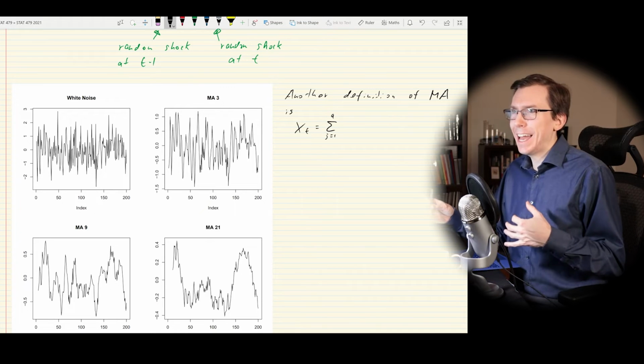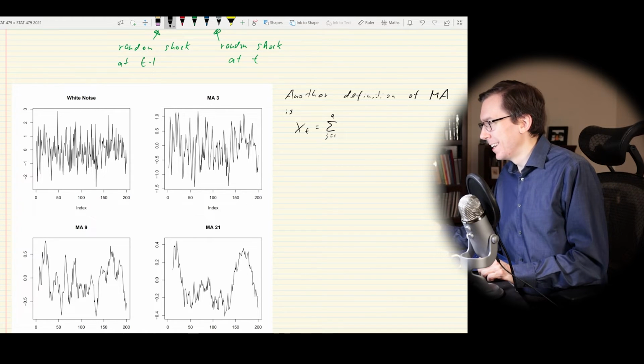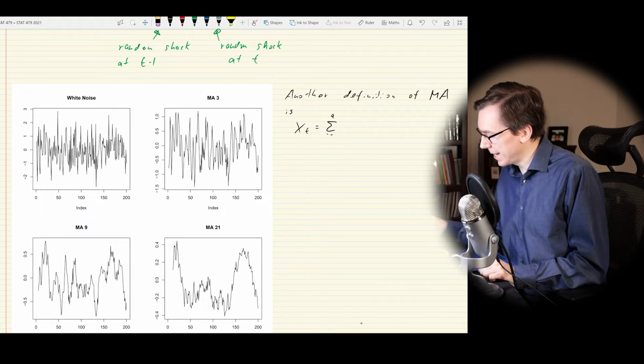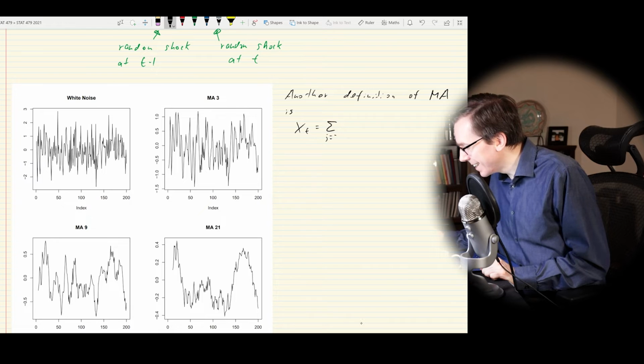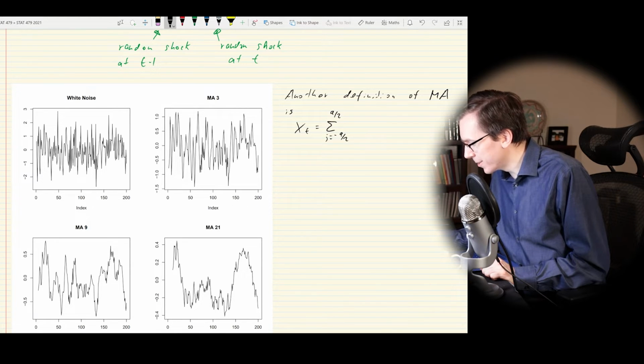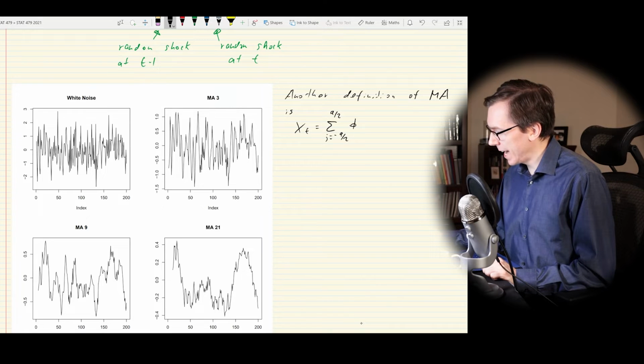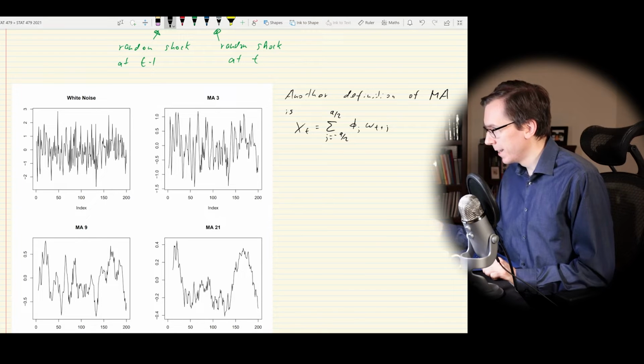So we're still averaging over q time points. What I actually meant to say was q minus 1, or we'll see. j is going to run from minus q over 2 to plus q over 2. And then we're going to have a phi_j and a w_(t+j).